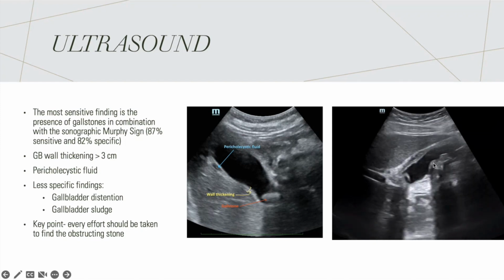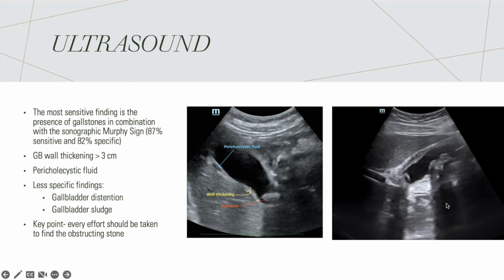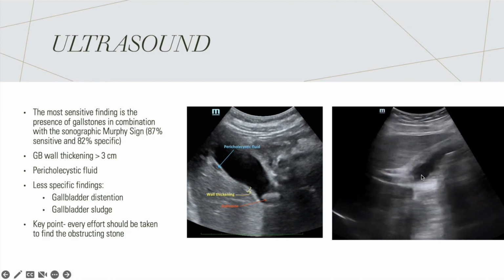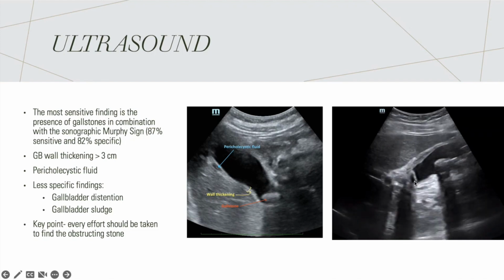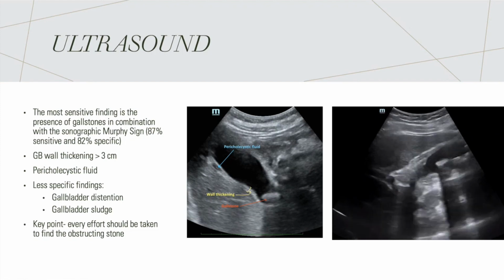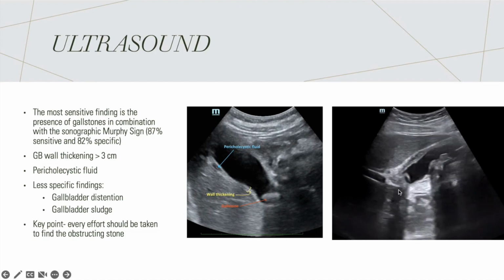As well, we have some shadowing coming from these hyperechoic structures here, likely gallstones. And then we do see a structure here that's on the neck and maybe even almost protruding into the cystic duct. That is our culprit gallstone. So this is likely the reason for the acute cholecystitis.